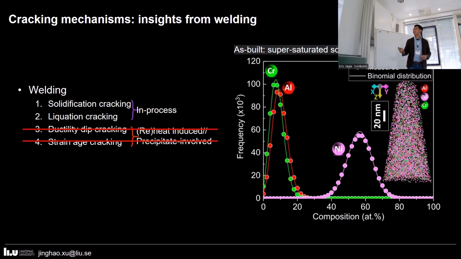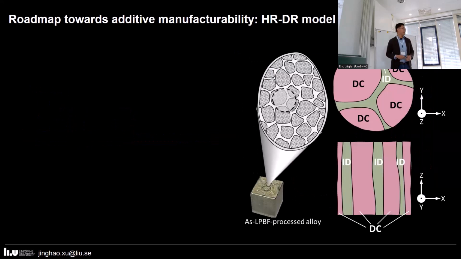But in a superalloy in a well-aged condition, there is more than 60% precipitate. In the as-built condition, from atom probe tomography, aluminum, nickel, and chromium, the gamma prime former, gamma former, and the matrix elements, are distributed quite randomly in the volume, following a statistical distribution. So we can consider that in the as-built condition, there is a supersaturated solution.